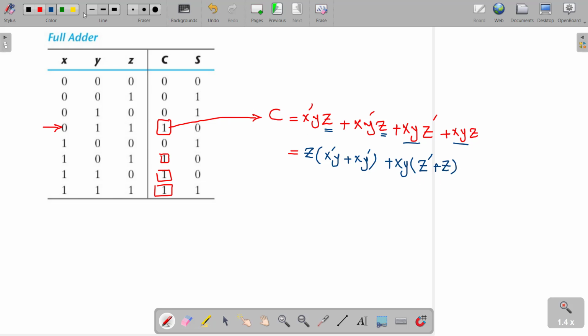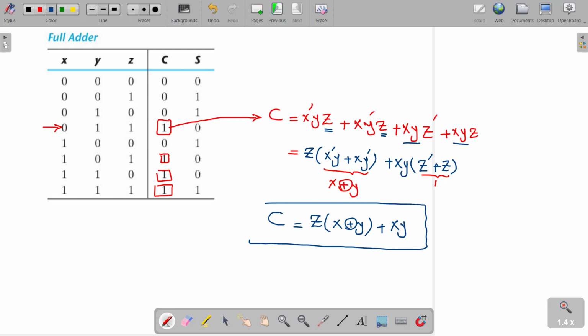Okay, now you can see that z prime or z is equal to 1, and also x prime y or x y prime is the x XOR y. So as a result, I can rewrite again the C in the form of z times x XOR y or x y. So this is the C.